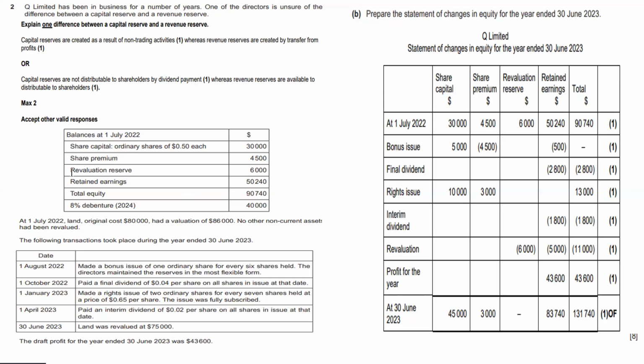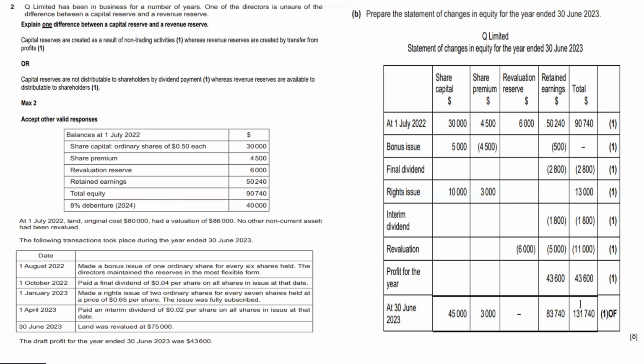What is your new equity? Can you tell me now? I'll tell you exactly as calculated.